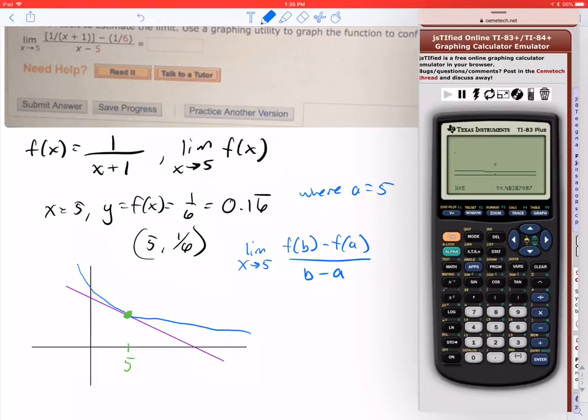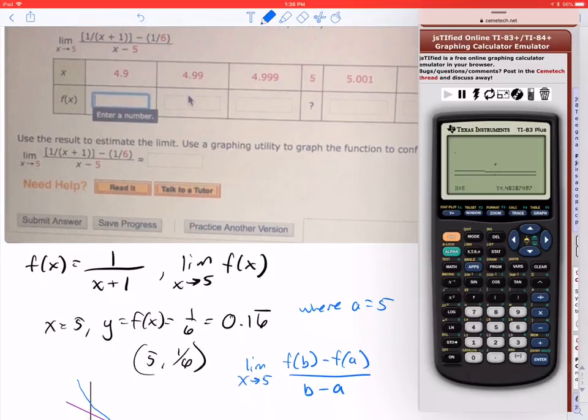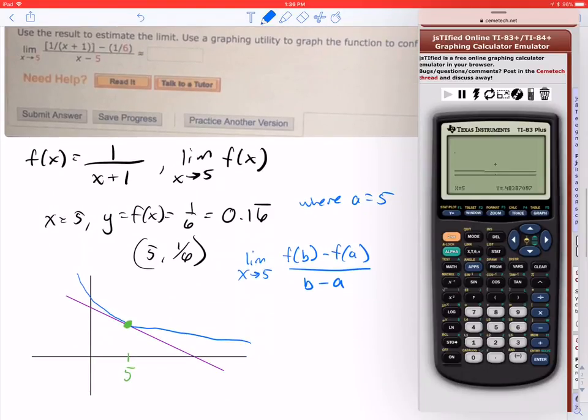So if a is 5 and then b is just going to be changing, so b is going to get closer and closer to 5. So then that's where this table comes in. We get the 1 over 6, x minus 5. So as x changes and gets closer and closer to 5, then we get a better approximation of the slope of the tangent line at the point by taking the slope of the secant.